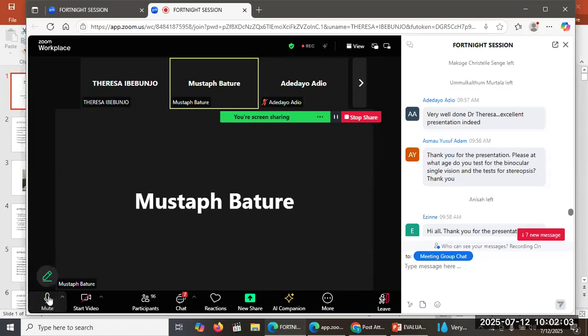Yes, please. For a child at least greater than one year. For instance, if you are using the synoptophore, the children are usually excited to see objects. It's like they are playing a game, maybe putting the bird in the cage. To them, that's a game.